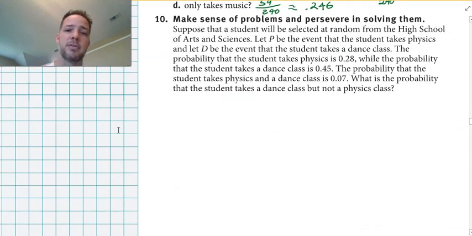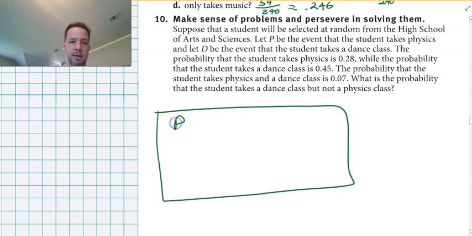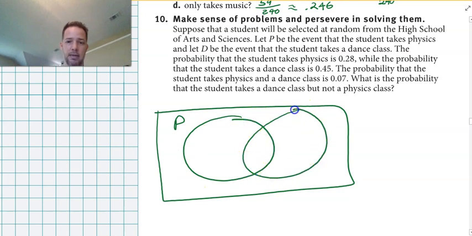So on 10 it says, suppose that a student would be selected from the high school arts and sciences. Let P be the event that the student takes physics and D be the event that the student takes dance class. So P is physics and D is dance class.